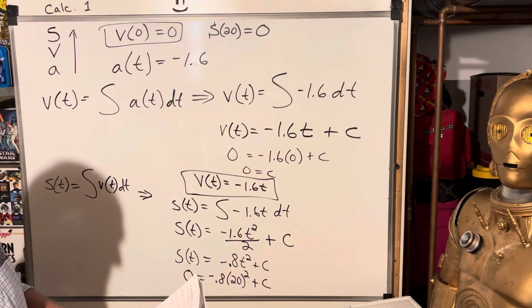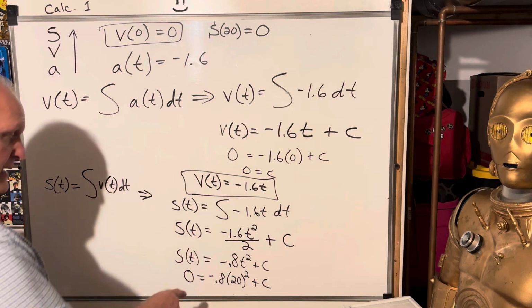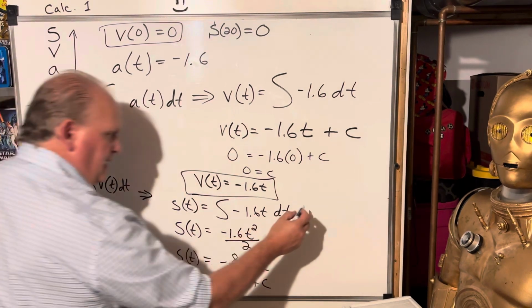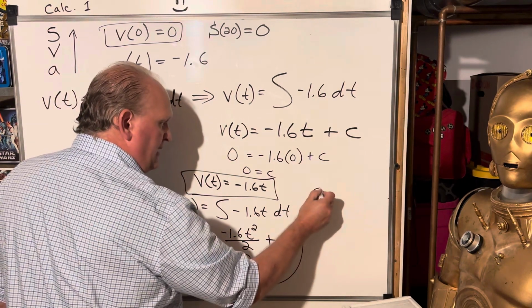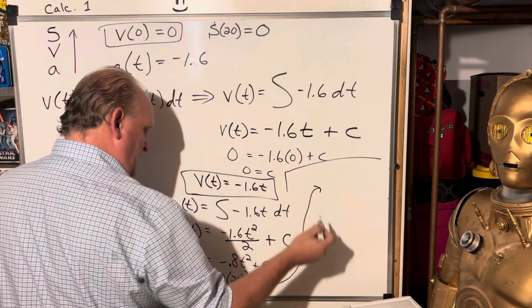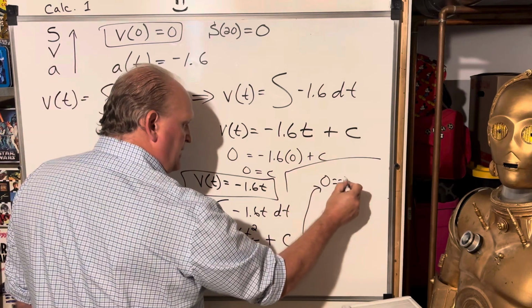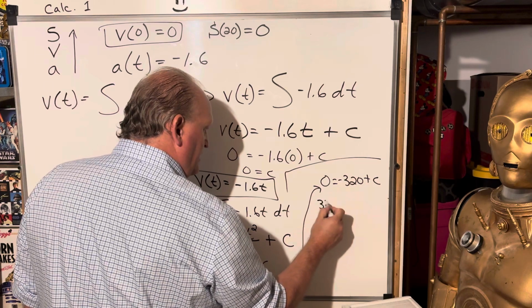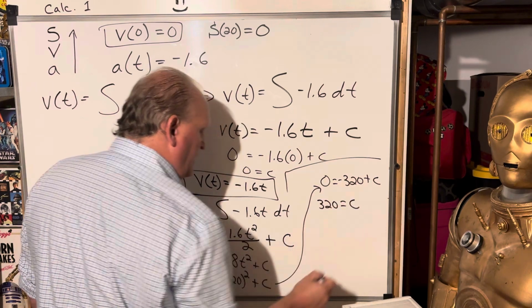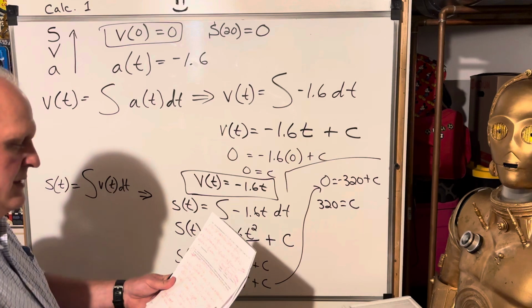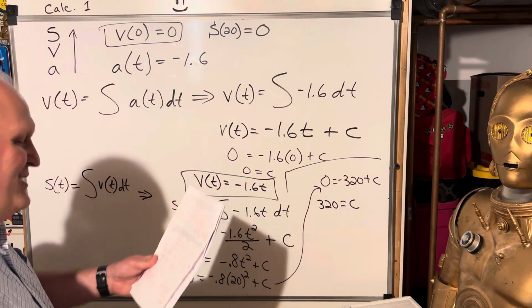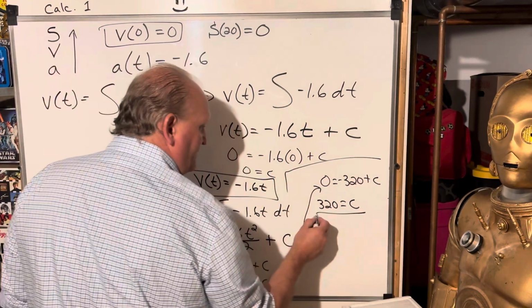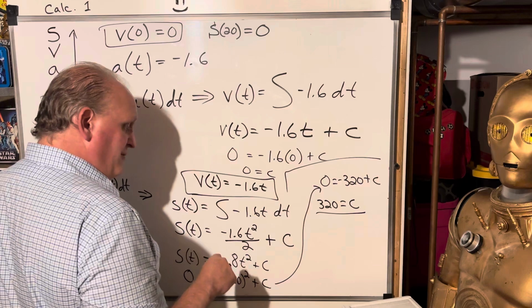What is that, 320? Negative 320. So we got 0 here. Sorry, I kind of ran out of room. We got 0 equals negative 320 plus c, so we know c is 320. Or feet, meters. Sorry, not feet, meters. It's 320 meters.